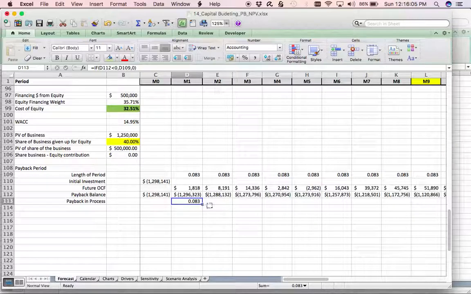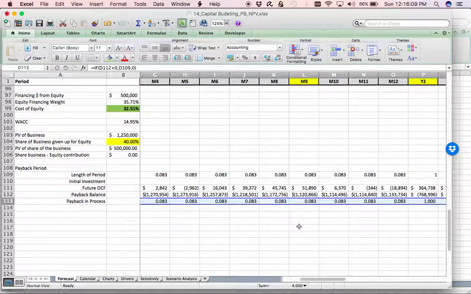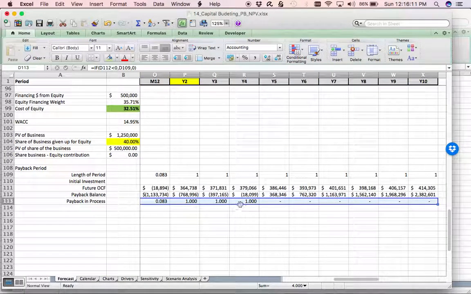So we're going to pull that all the way out. All right, and you'll see what it does is every period that we have not yet paid everything back, it counts that period, and it just says, oh, make sure that you count that, right? And then in the period it goes positive, you don't count that as a full period.